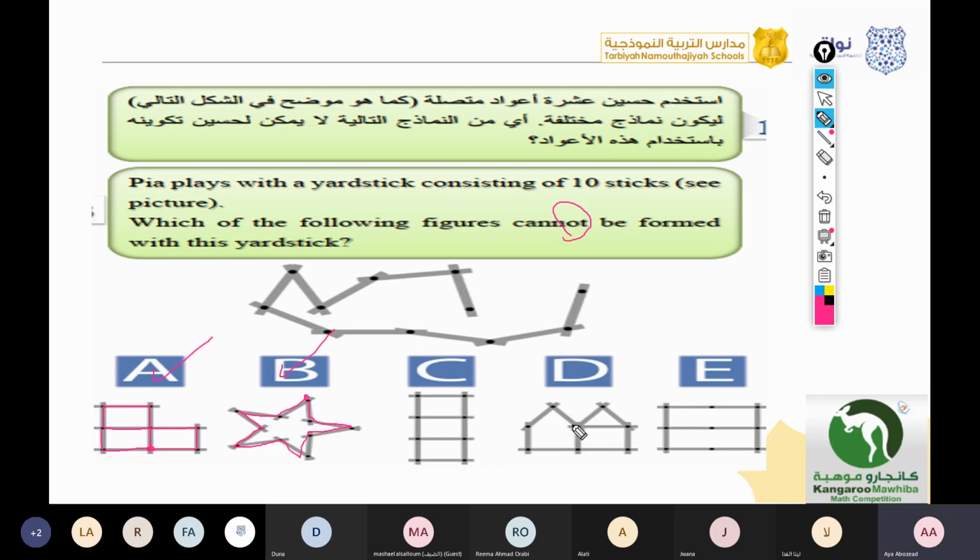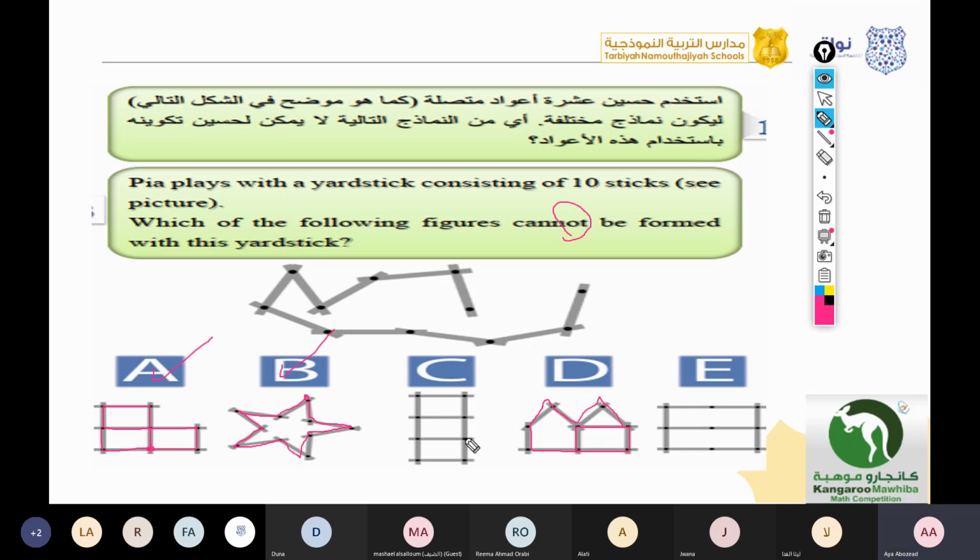From this one. Okay, so let's go. 1, 2, 3, 4, 5, 6, 7, 8, 9, 10. Okay, you focus with me. Also D, I can do; only C, let's try from any side.